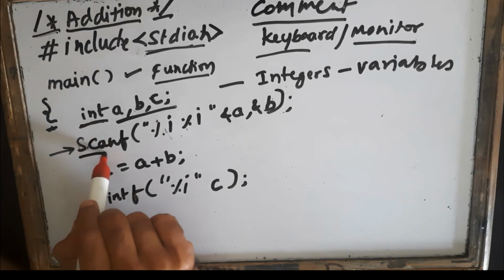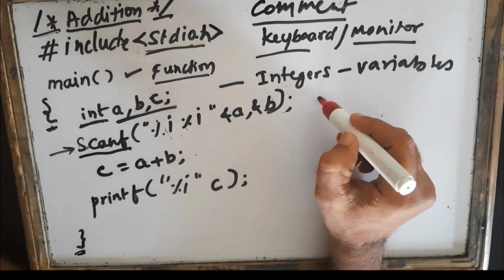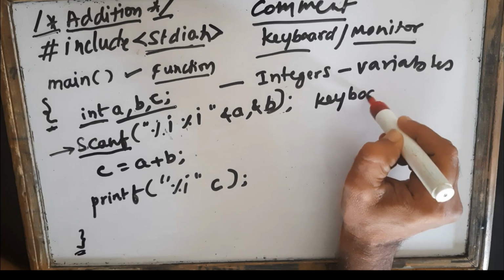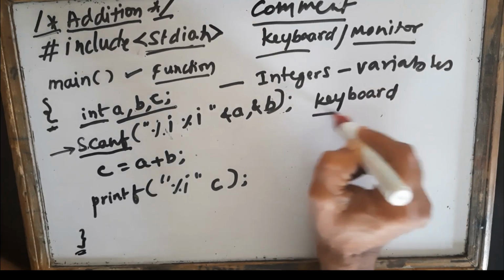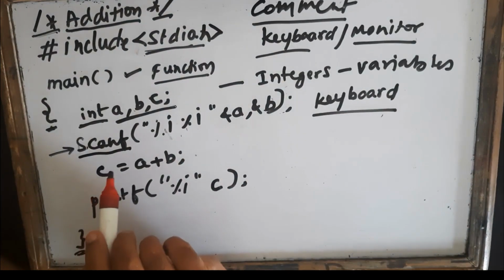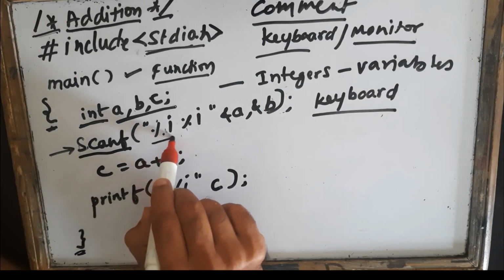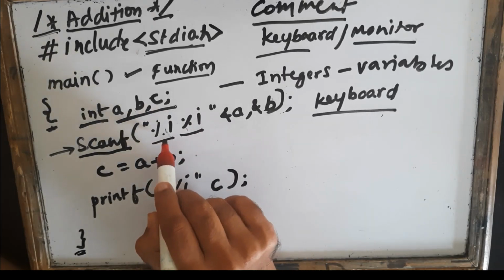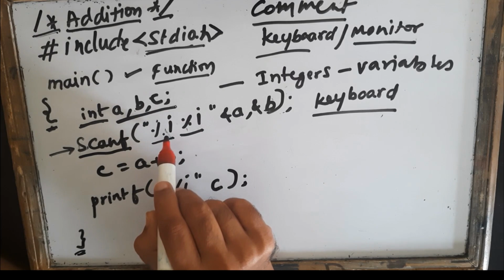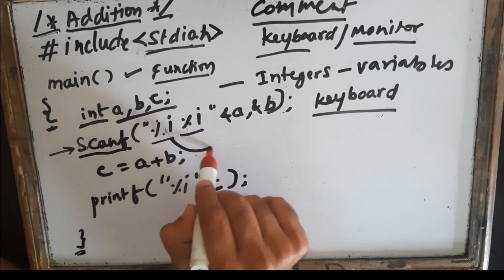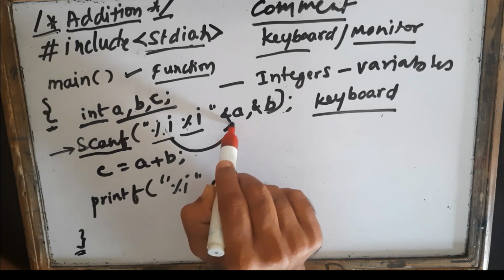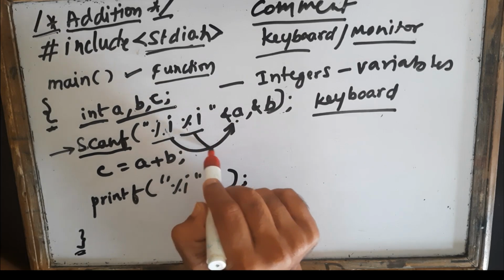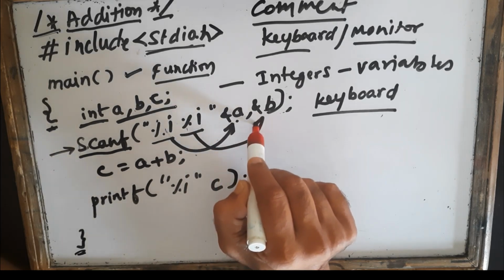And here we have added scanf. Scanf means read from the keyboard. Two variables for the integer. Percentage i means integers, and read it into a. This will be read into the a variable, and this can be read into the b variable.